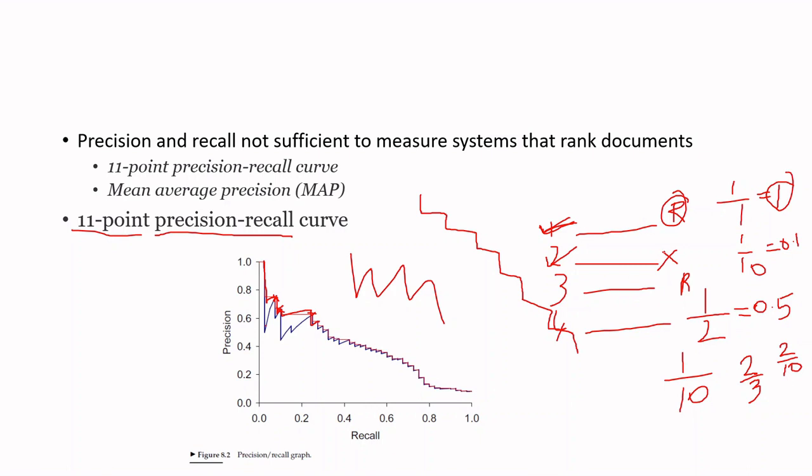Now we don't take a precision at this point because we do not have a relevant document retrieved, but at 3 we take a precision value because we have a relevant document. So here we have one, here we have got 0.66, and we go through this list, and wherever we have a relevant document, we take the precision value and take an average of that. This is repeated for multiple queries which you are giving to the system. And you take an average of that, and that is our MAP.